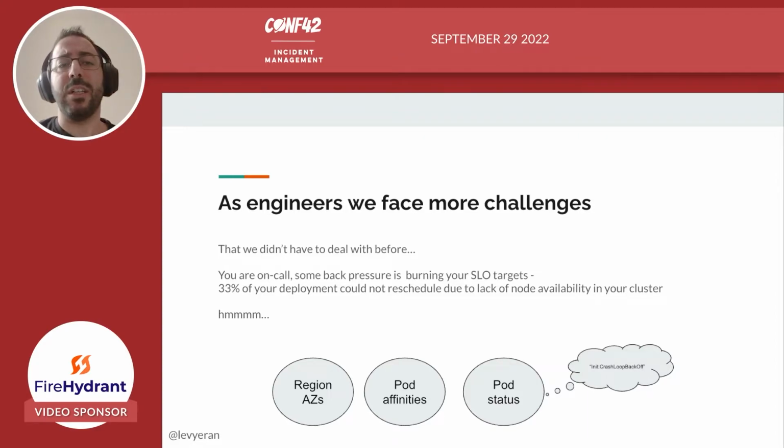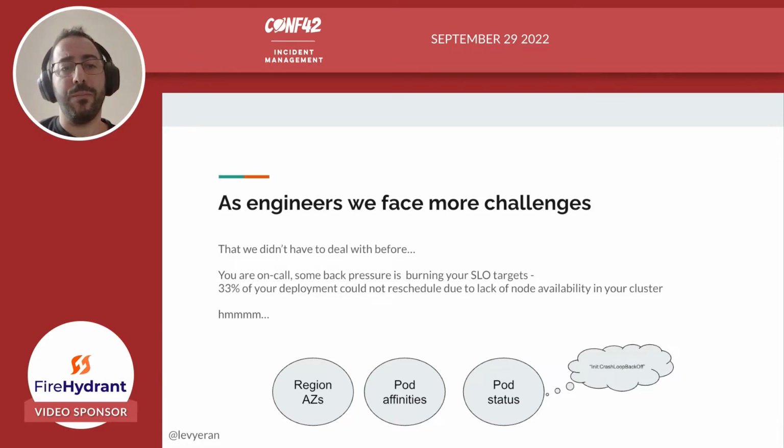As part of transitioning into being more cloud native, distributed, and relying on orchestrators such as Kubernetes at your foundation, engineers face more and more challenges that they didn't have to deal with before. Just imagine this scenario. You are on call, there is some back pressure that breaches your SLO targets, there is some issue with one of your availability zones, and a third of your deployment couldn't reschedule due to some node availability issues.